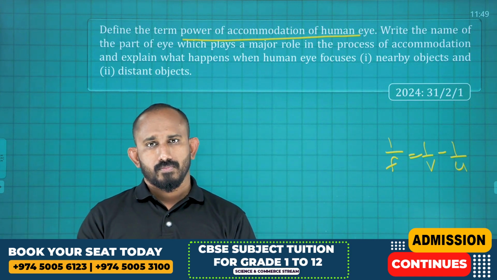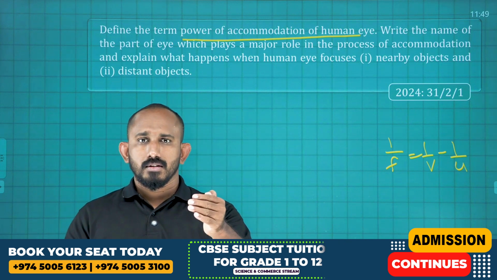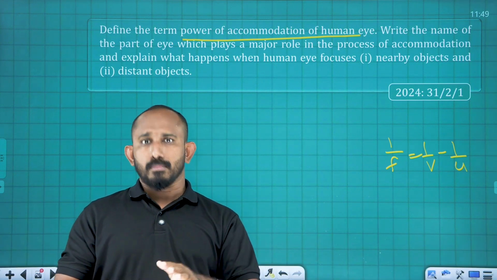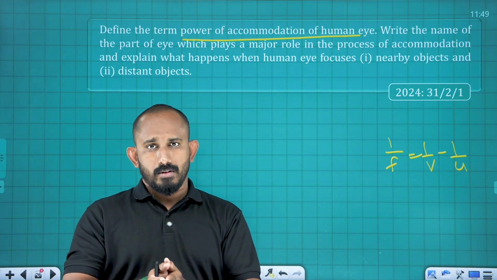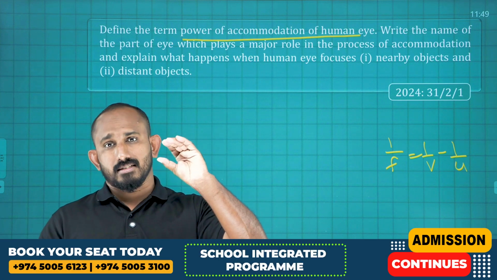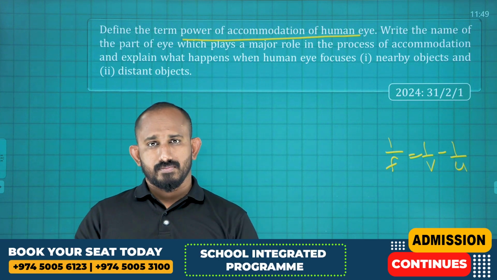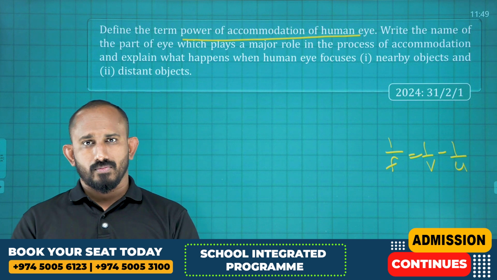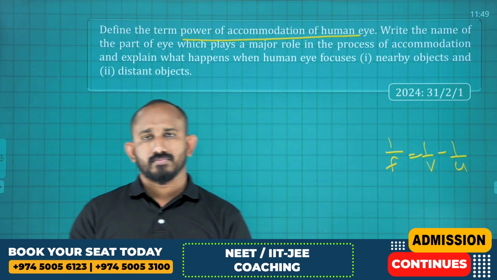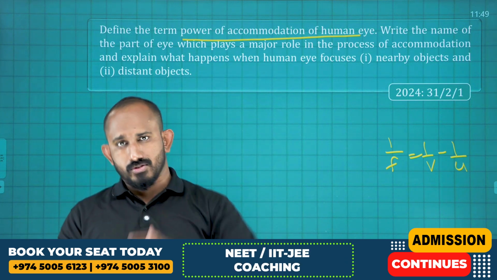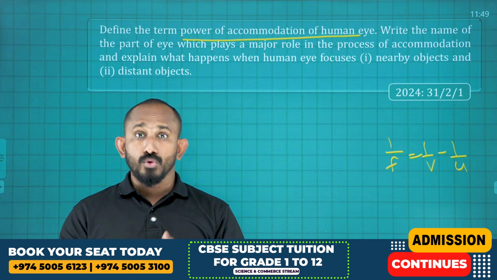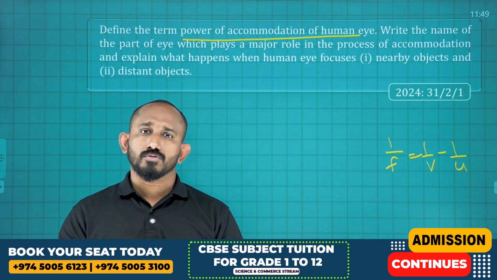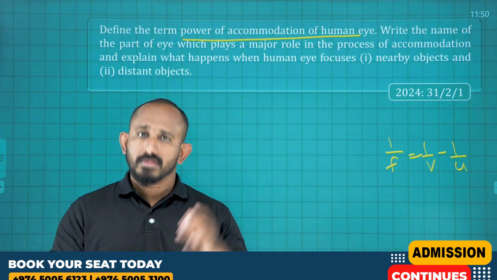To see nearby objects, focal length should be less because object distance is smaller. So the eye lens is thick, curvature is greater, focal length decreases, and ciliary muscles contract. To see far away objects like infinity, u is very great, focal length is also very great, hence we see the far away objects.